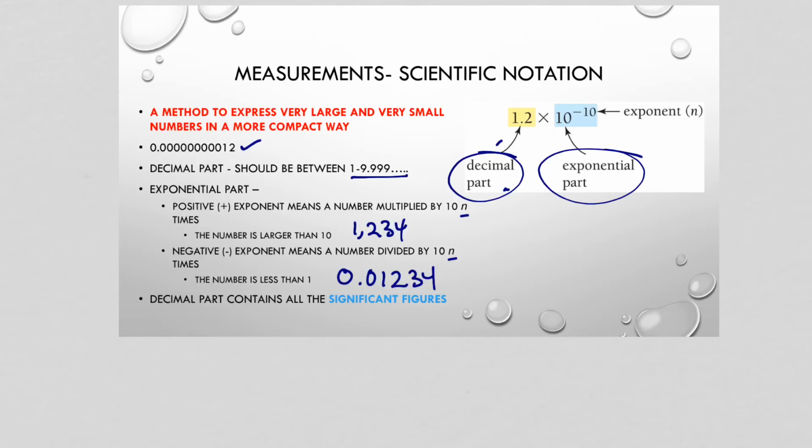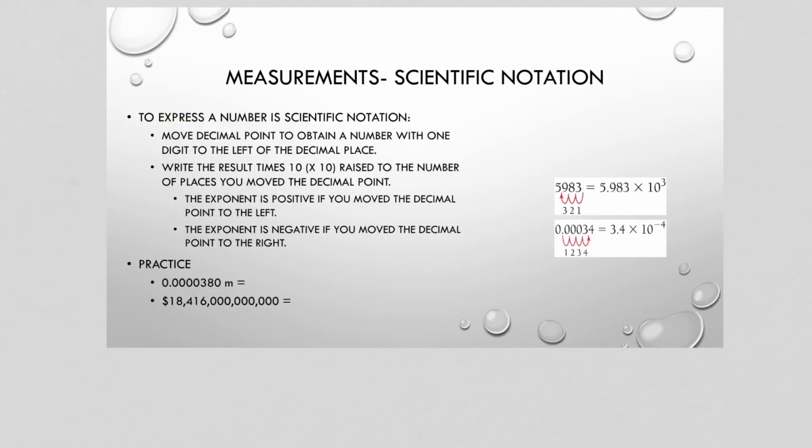Now, one last point about the decimal part is that it should contain all of the significant figures in our measurement. We'll elaborate more on what we mean by significant figures in our next segment. So, how exactly do we get a number into scientific notation? We have a couple steps.